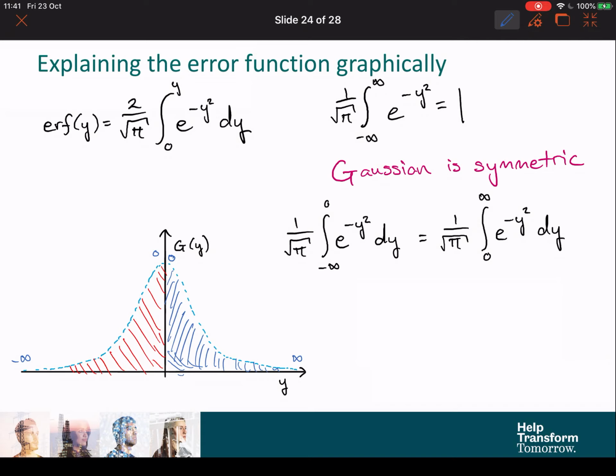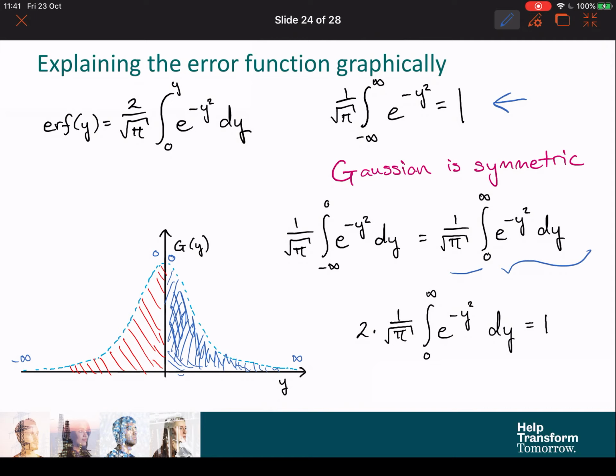Now, if we want to use the integral here on the right side, and we're going to choose that because it looks a little bit closer to our error function, if we plug that into this equation, we have to multiply by 2 because 2 of these equals the whole area of the Gaussian, right?